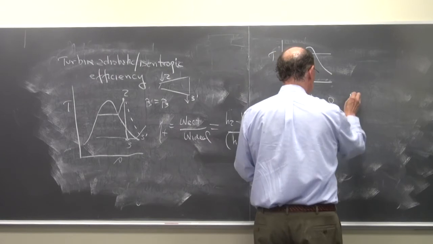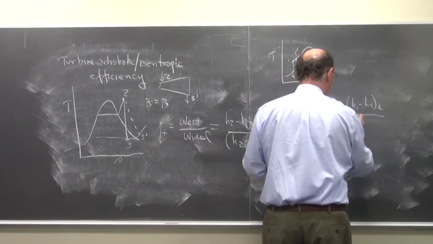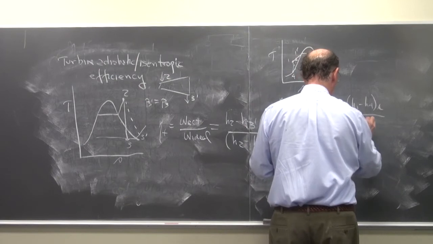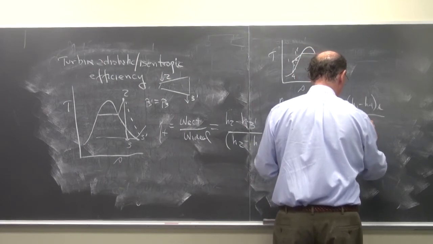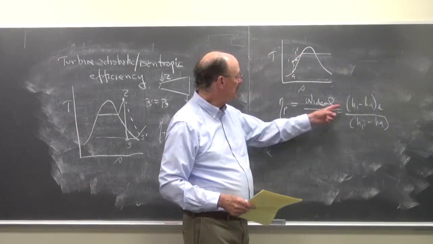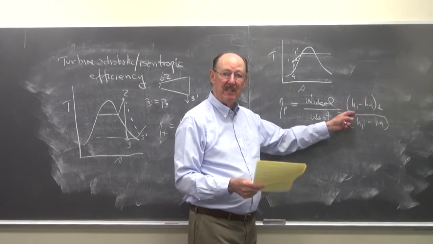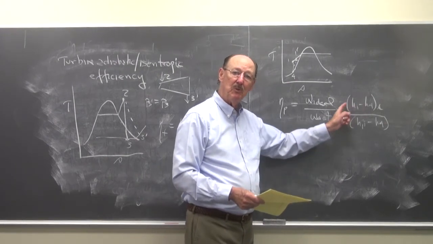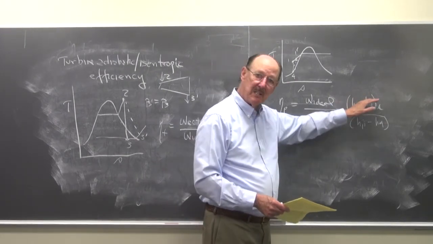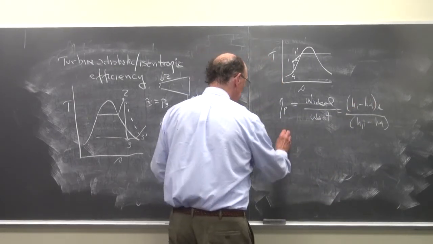So work ideal is H1 minus H4 isentropic over H1 prime minus H4. So this is the value that we found from where we found that V delta P, where we assumed Q was equal to 0, etc., because it was an isentropic process. So we have that.